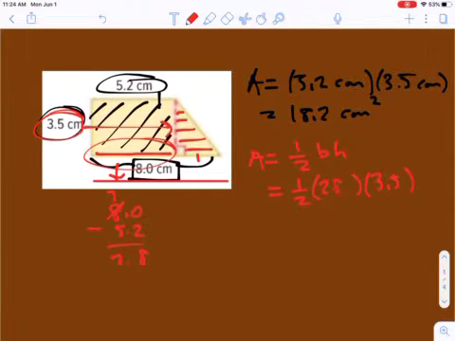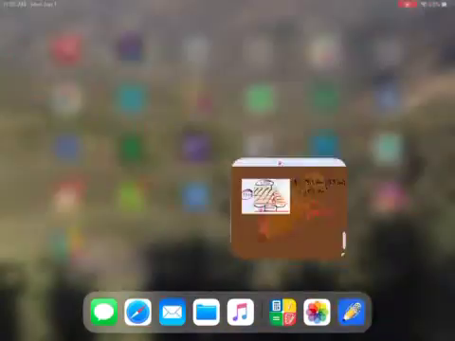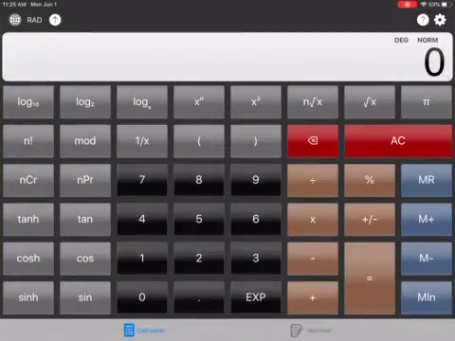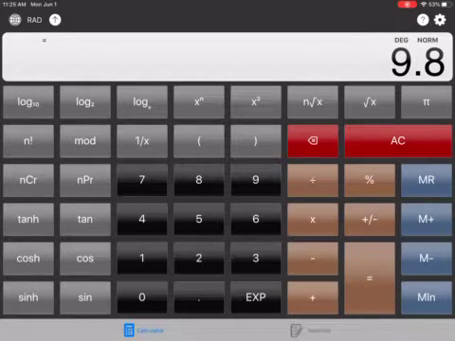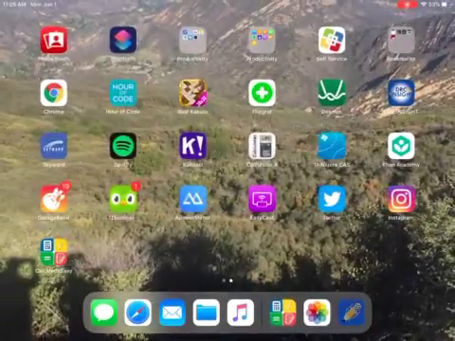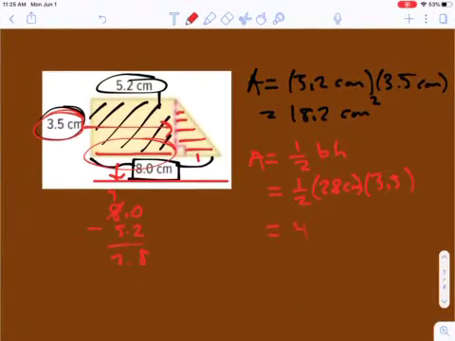So my base is 2.8 centimeters. Then I have my two numbers. I have 2.8 and 3.5, and I'm going to multiply that by 1/2, which is the same as dividing by 2. So 2.8 times 3.5 gives me 9.8. Let's divide that by 2. That gives me 4.9.